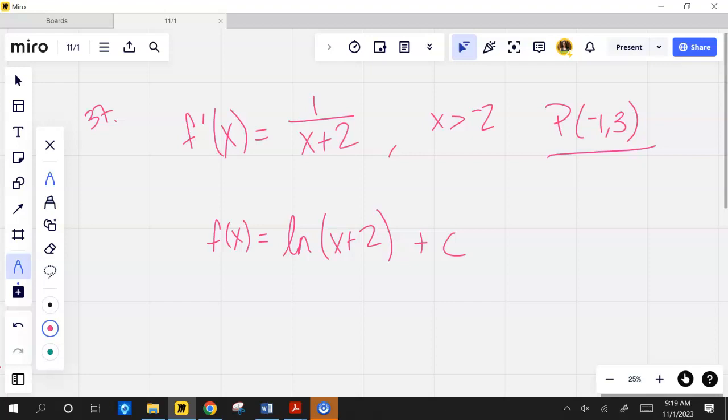What is x greater than negative 2? It's just a domain restriction because once you get to the function, you can't have anything negative in this argument, because that wouldn't work. You can't take the log of a negative number. So it was just giving you the domain to begin with.